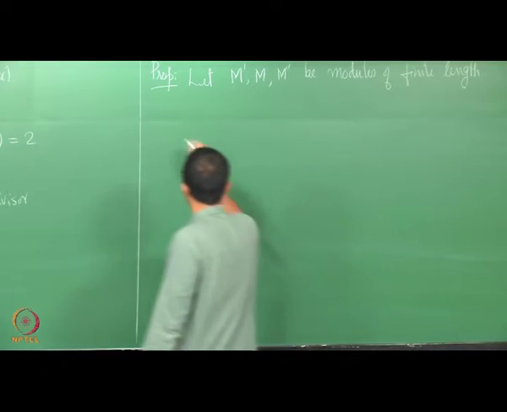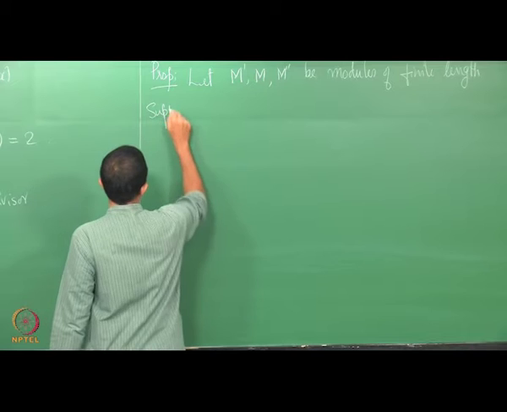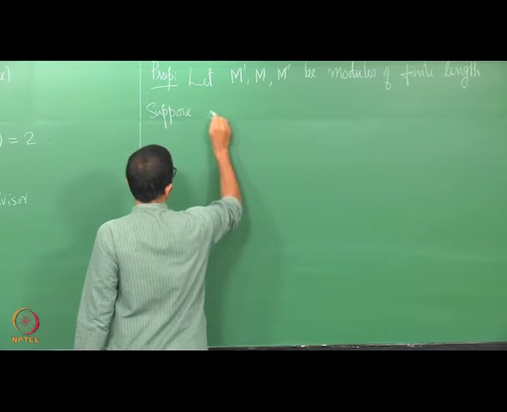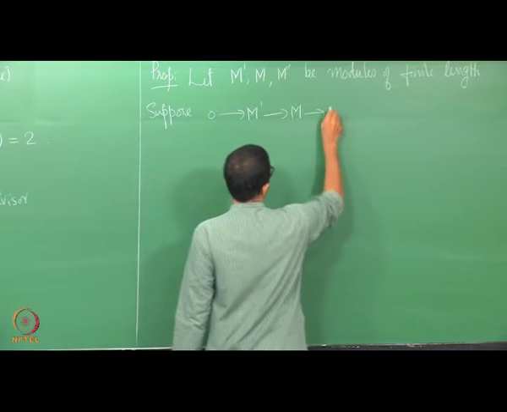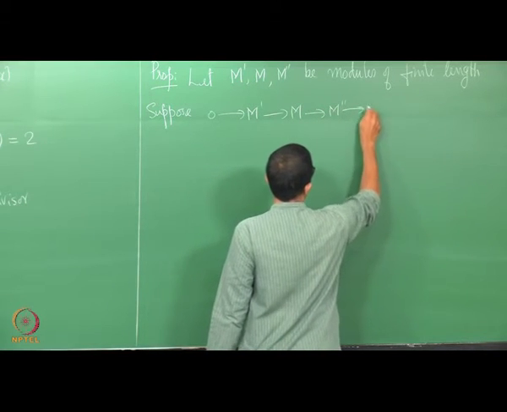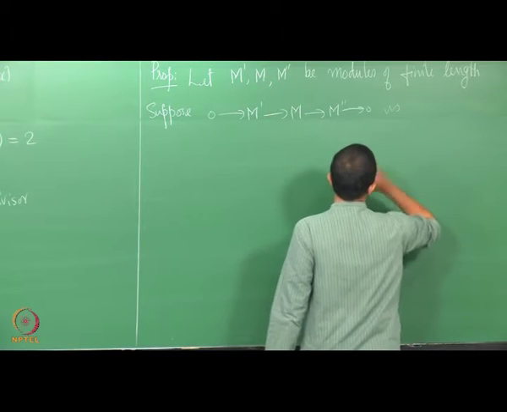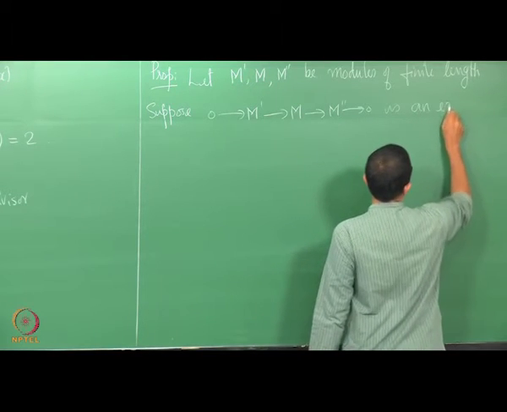Suppose 0 to M prime to M to M double prime to 0 is an exact sequence.